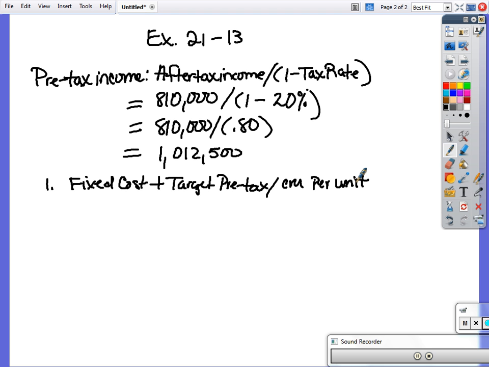What were your fixed costs? 562,500. And did you have target pre-tax income? Yes, you just calculated that, plus 1,012,500, right? And then the last thing is to divide it by contribution margin per unit.